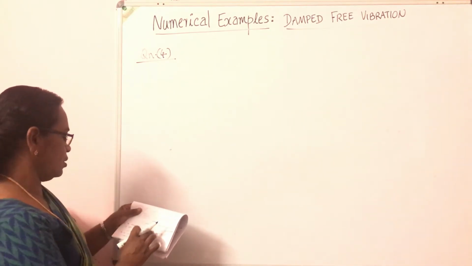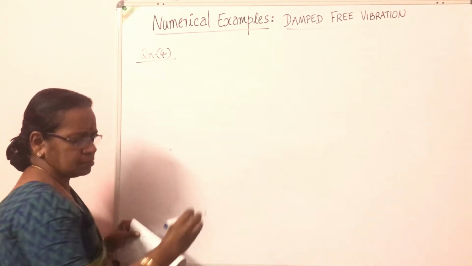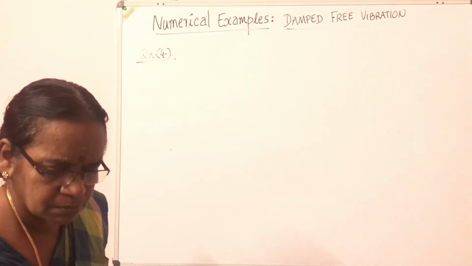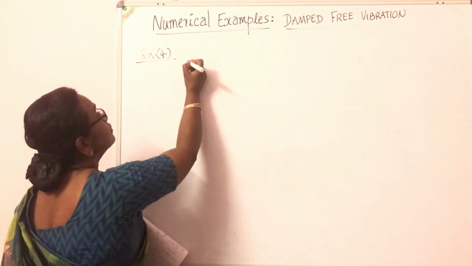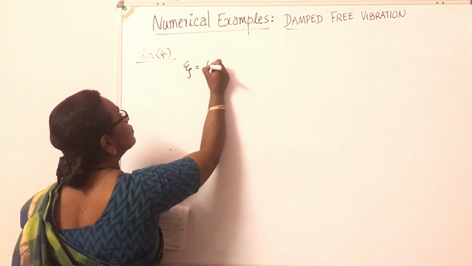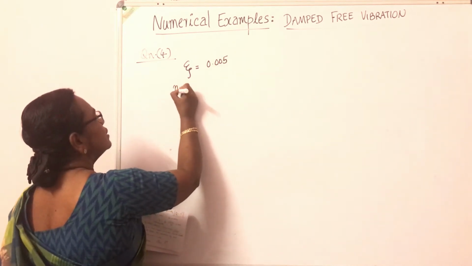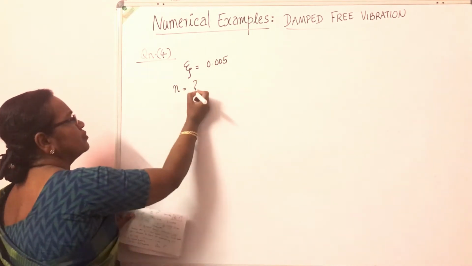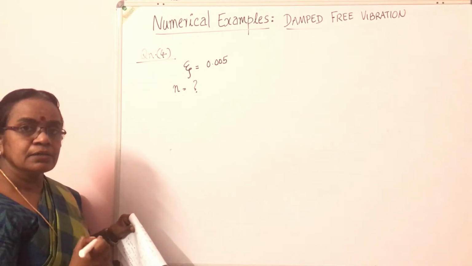So here the damping ratio of the system is given as 0.005. We are asked to find the number of cycles required to reduce the amplitude by 50%.